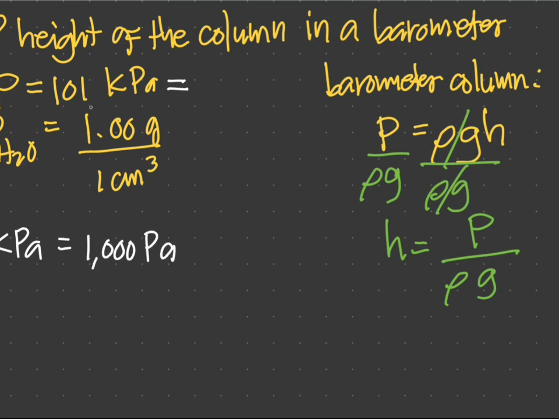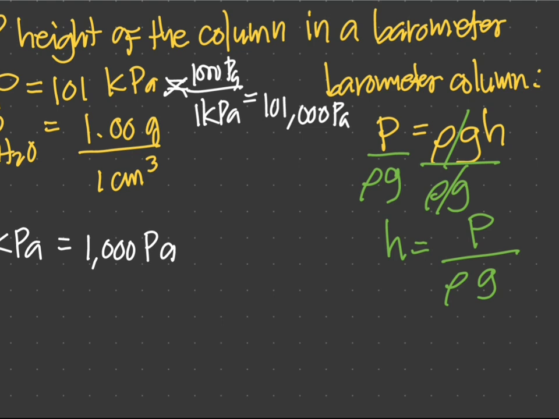So we convert 101 kilopascal, we just multiply by 1,000 per 1 kilopascal, and this would give us 101,000 pascals. All right?